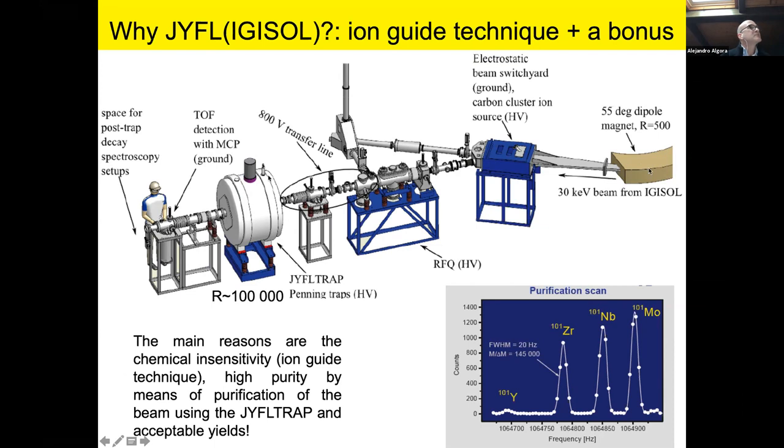The relevance of Penning traps for measuring masses was already mentioned in this school. Using the Penning trap, if you further separate the radioactive beam, you can have very clean, isotopically clean sources after the trap for the measurements, which is very relevant for this kind of studies where you are using a calorimeter.